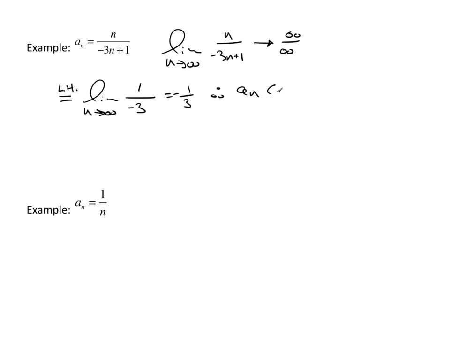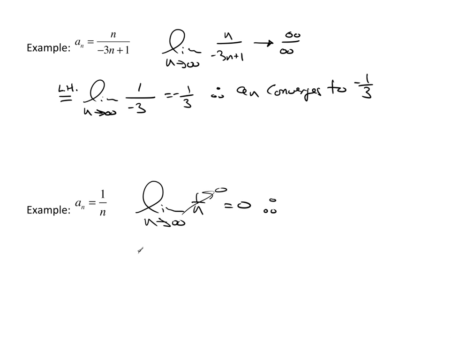Therefore, a_n converges to negative 1/3. This next example, I'll do the exact same sort of thing with. Take a look at the limit as n goes to infinity of 1 over n. That definitely goes to 0. Therefore, a_n converges to 0.